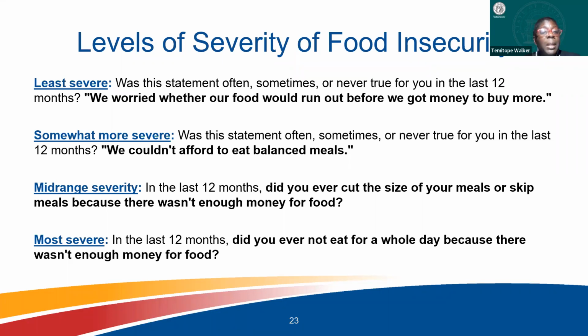For example, least severe: was this statement often, sometimes, or never true for you in the last 12 months? We worried whether our food would run out before we got money to buy more. The most severe case would be: in the last 12 months, did you ever not eat for a whole day because there wasn't enough money for food? Next slide.